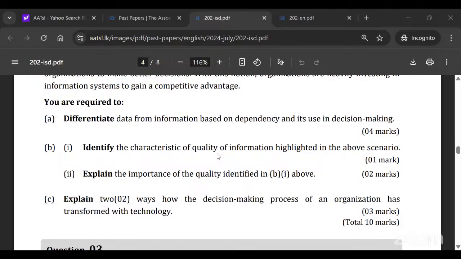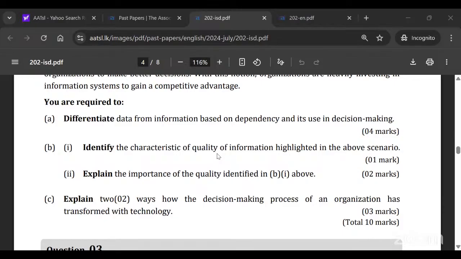Timeliness. Then what is the importance of timeliness? Timeliness is crucial because decisions in organizations often need to be made quickly to respond to opportunities or threats. If information is outdated or delayed, it can lead to missed opportunities or poor decisions.